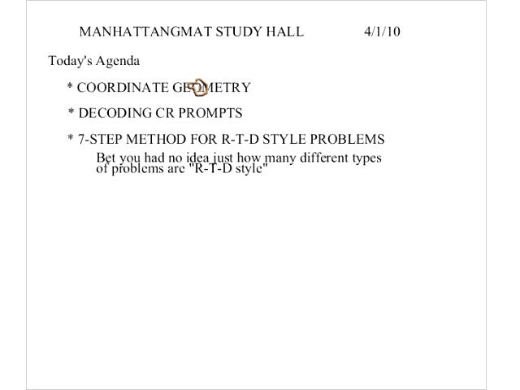But then what we're going to look at is what I call decoding prompts for critical reasoning. A lot of the time, we like to classify critical reasoning problems into these nice little boxes, like find the assumption, draw the conclusion, things like that.